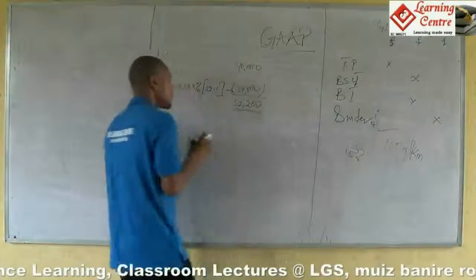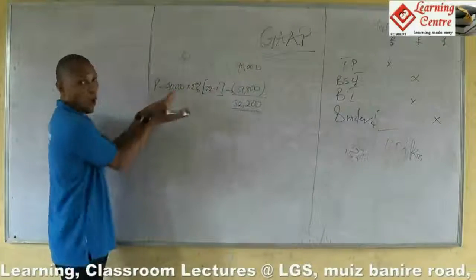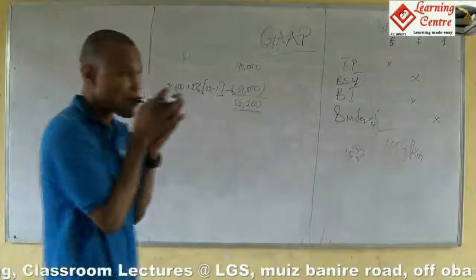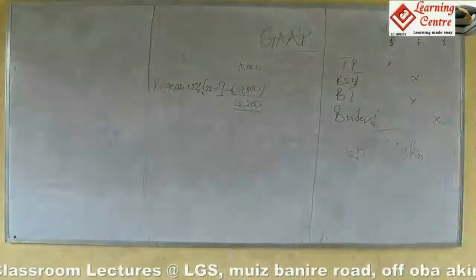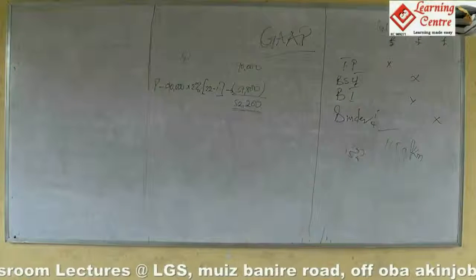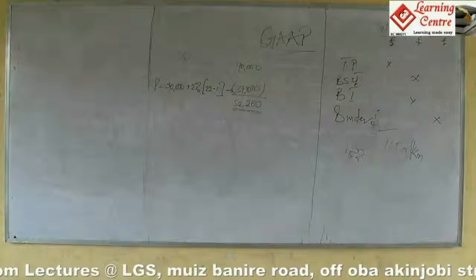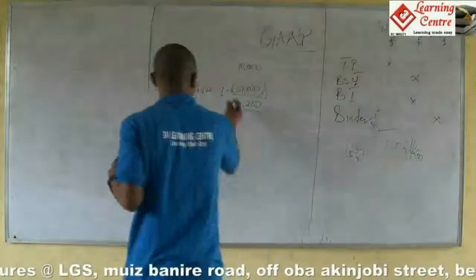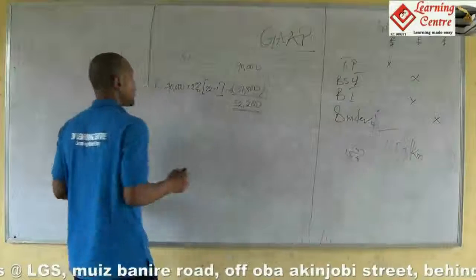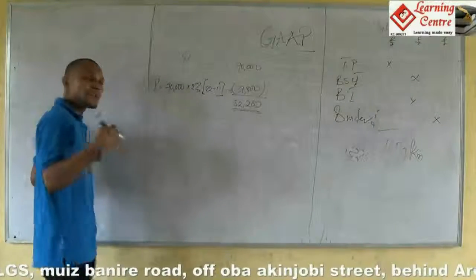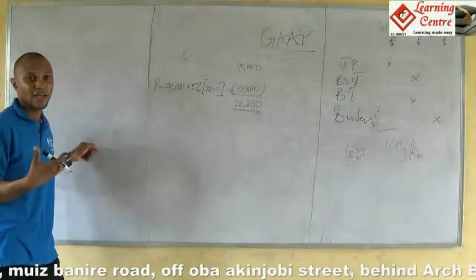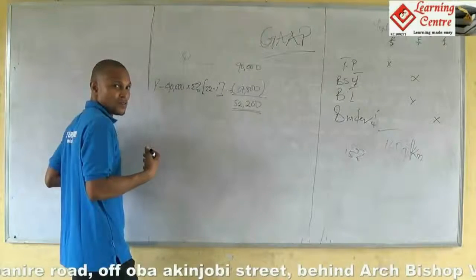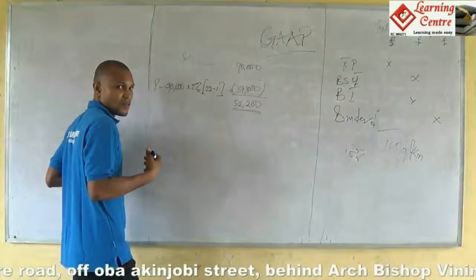Now, this is the amount of premium chargeable on this person, right? Now, what is the amortization charge in the account before? $2,000.